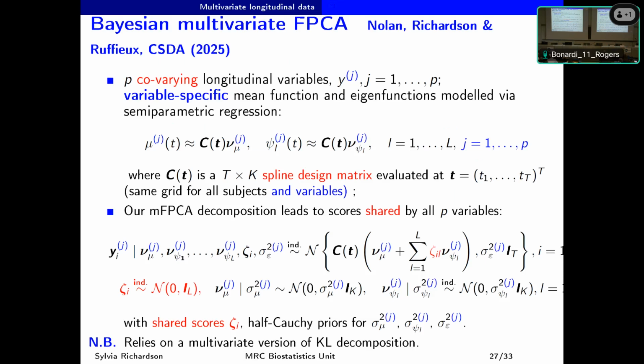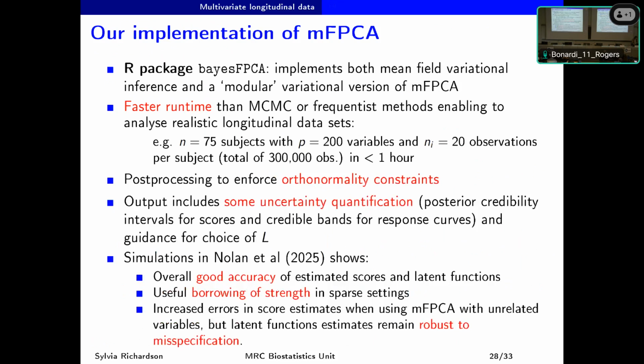Again, what's interesting is to have these scores, which can be large or small, so we give them a heavy tail to allow some individuals to really have high scores. There's a package which we call BayesFPCA, which implements a variational approach.